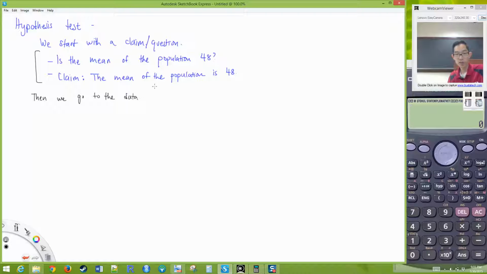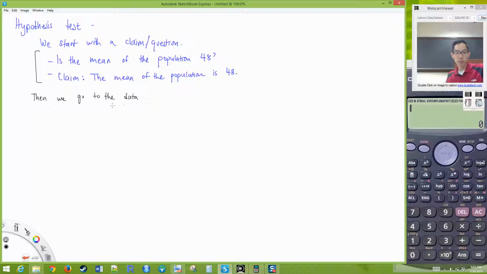Okay, and let's just say we had the same data as before, or whatever it might be. We go to the data, and then we say, the question is, does this data provide evidence against the claim? Someone claims that the mean of the population is 48.